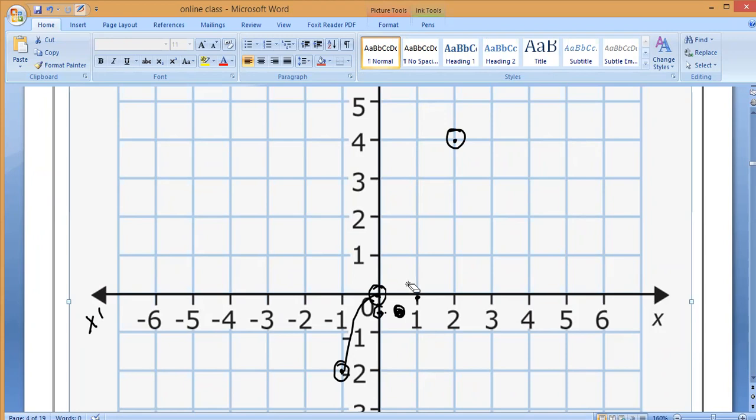Only 2: 0 and 1. Infinite zeros is wrong. That is why we take a midpoint, 1 by 2. If we take x as 1 by 2, we get the y value minus 1 by 8. Yes or no?